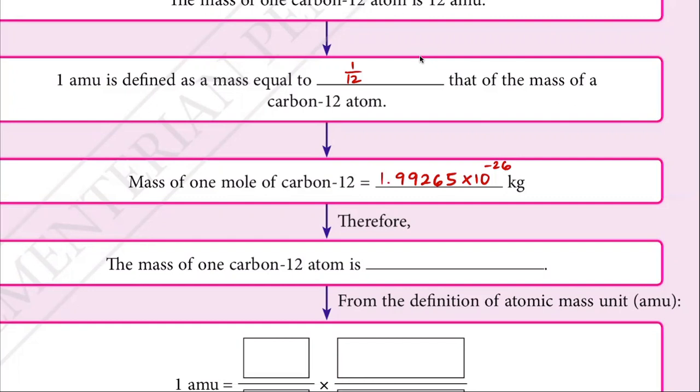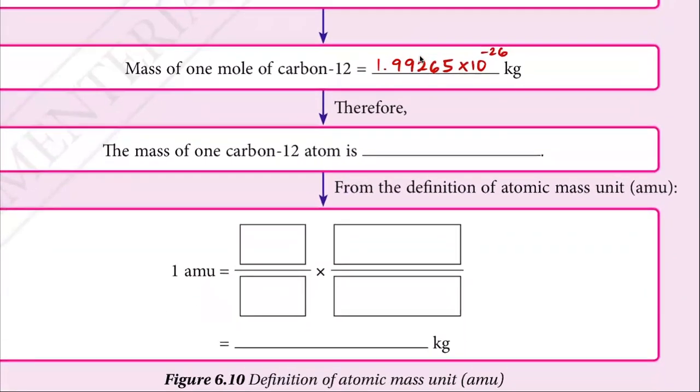So 1 AMU, which is 1/12 of the mass of one carbon-12 atom, is 1.66 times 10 to the power negative 27 kilogram.